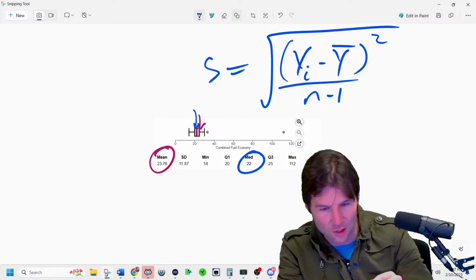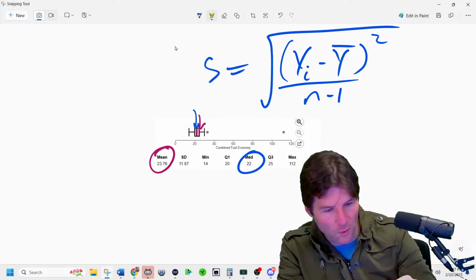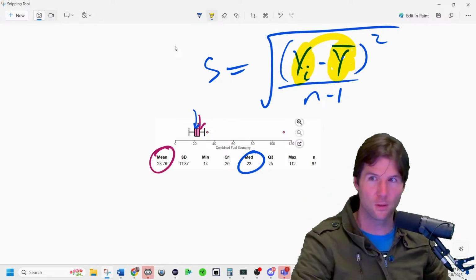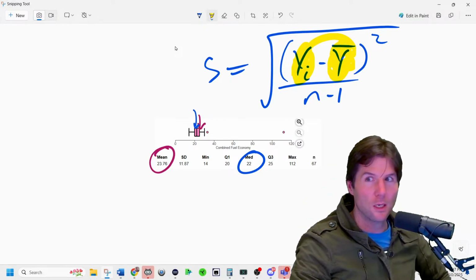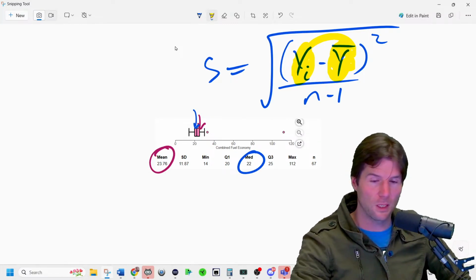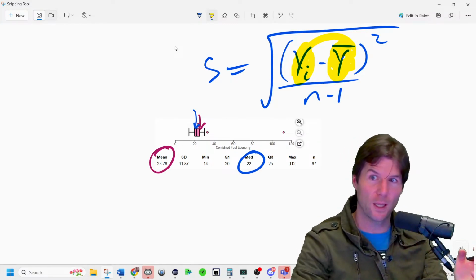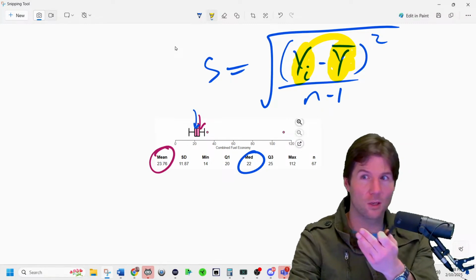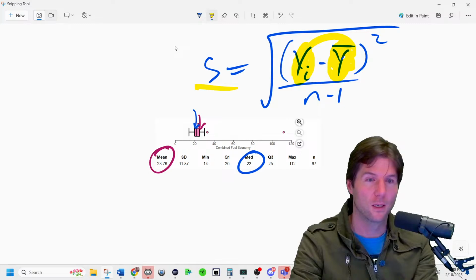So the question is, how far away are the observations from the mean? That's the part doing the work in the equation. If you remove something far away, there'd be less variation from the mean, which is standard deviation.